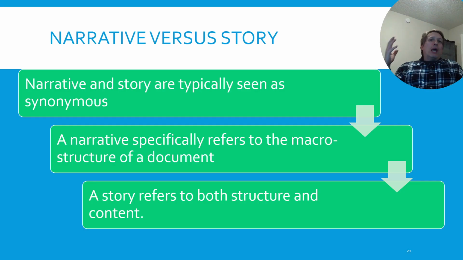Then we can have a narrative that is going to be the traditional fairy tale. And in the traditional fairy tale, you have the princess in distress, and then you have the savior. That's the narrative.